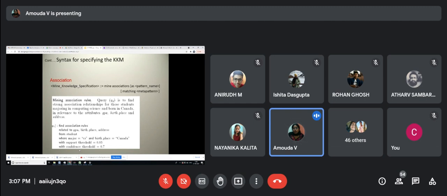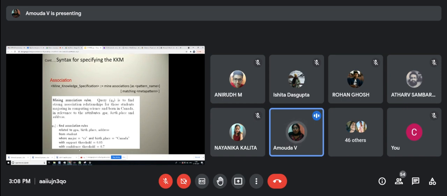Support is nothing but, suppose, just leave this example for a minute. I'll give another example. Support is nothing but the whole transaction in a day. 100 transactions are there. 100 people have come to the shop and did the transaction.